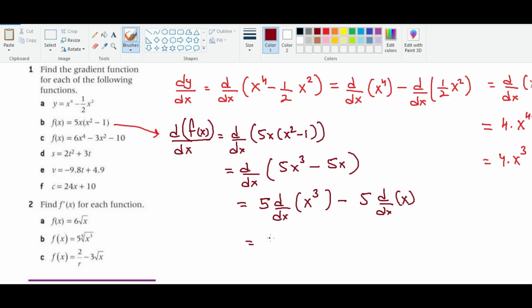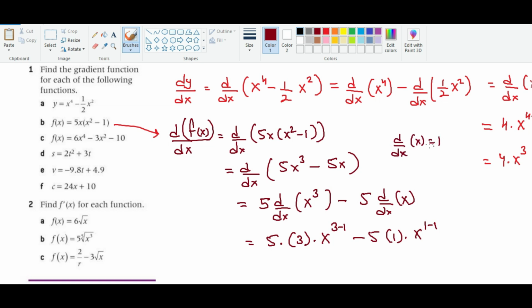You know x cube n value is 3, so 3 times x to the power 3 minus 1, negative 5, 1 time x to the power 1 minus 1. 1 minus 1 is 0, anything to the power 0 except 0 is just 1. So, or you can simply say dy by dx of x is just 1.